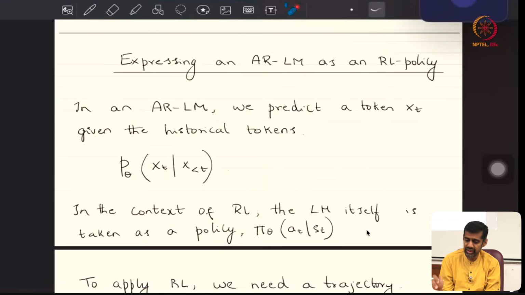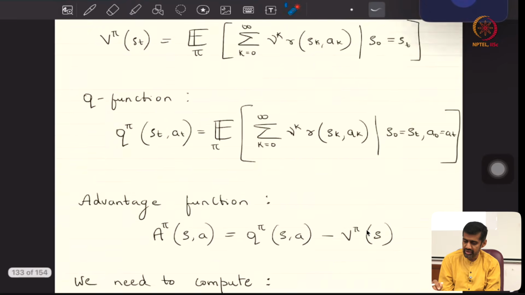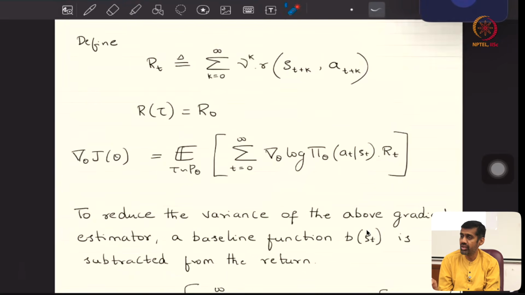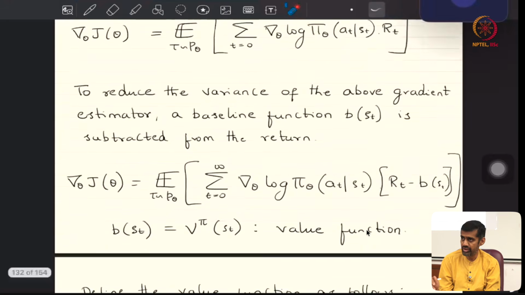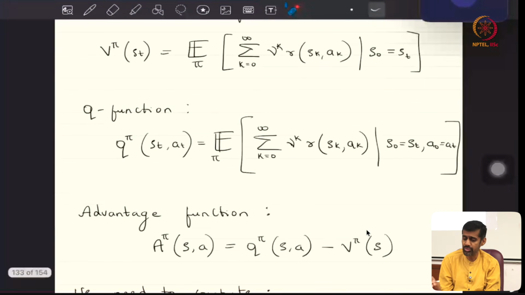Before going there, there are some other details where you reduce the variance of this estimate. This estimate that we have gotten for the gradient is shown to be noisy, in the sense that it has very high variance. People came up with a lot of ways to reduce the variance of this estimate by using what is called a baseline function, which introduces the concept of the Q function, the advantage function and so on.